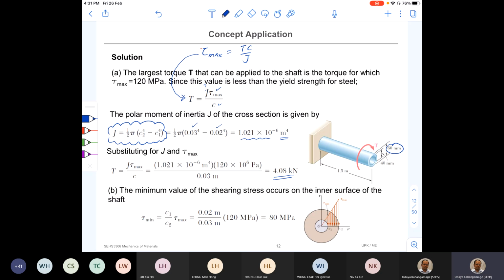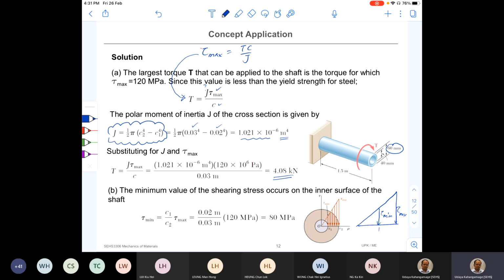Knowing that, next we need to find the minimum shear stress. We now know the distribution of the shear stress, so how do we find tau min? You can easily find that by looking at the triangles. We can use similar triangles. I just draw this distribution. This is tau min, and this one is tau max.